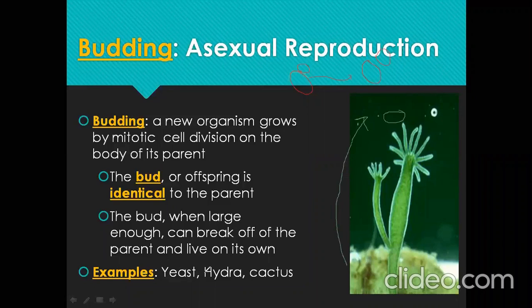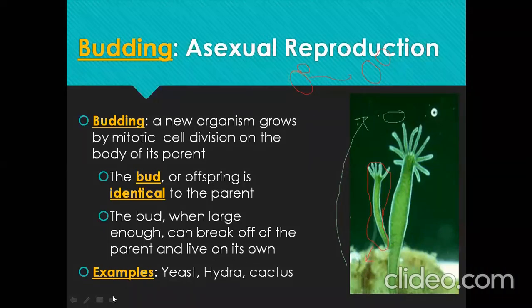Examples: yeast, hydra, and cactus. If you check this example, from this organism, what will happen? This part will detach, it will break, and this will now become an individual organism, right? So in hydra, this process of budding can also take place. These are the examples you have to know.